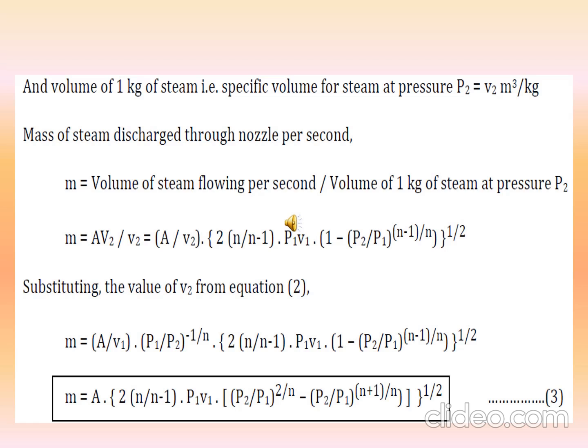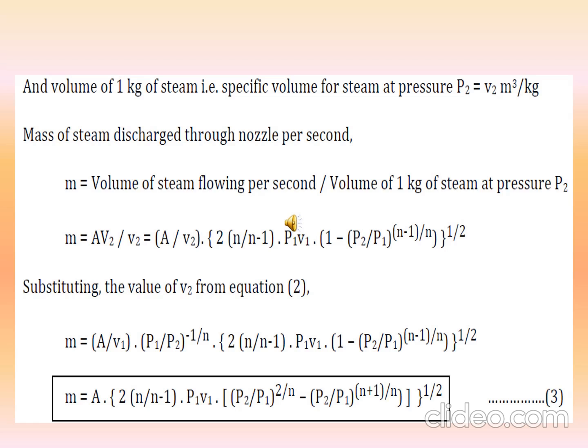Okay. So if we put the value of capital V2 in this equation, then it will be A divided by small v2, the specific volume, into the square root of 2 into n by n minus 1 into P1 V1 into 1 minus P2 by P1 to the power n minus 1 divided by n. That is our mass.